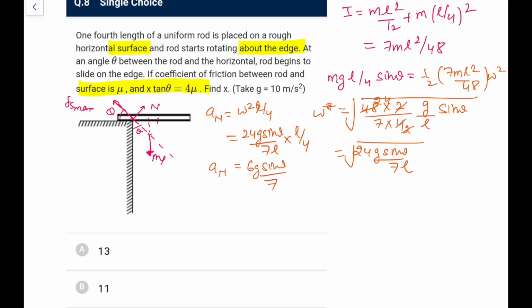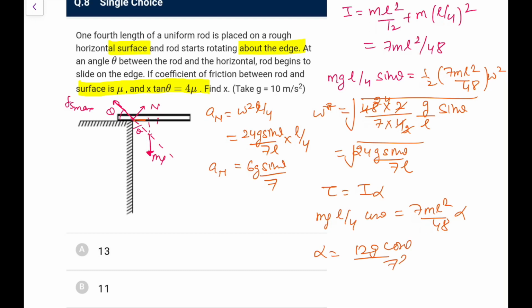That is A normal. Now writing the torque equation, tau is I alpha at this moment. So torque is produced by mg, and this gap is l by 4 cos theta. That equals 7 ml square by 48 into alpha. So alpha here comes out as 12 g cos theta by 7l. So A tangential of CM would be alpha into l by 4, that is 3g cos theta by 7.